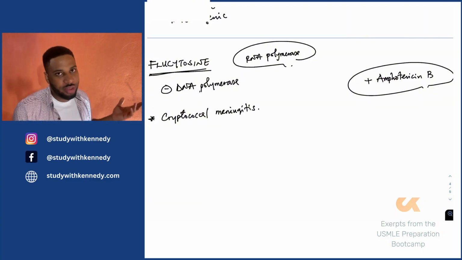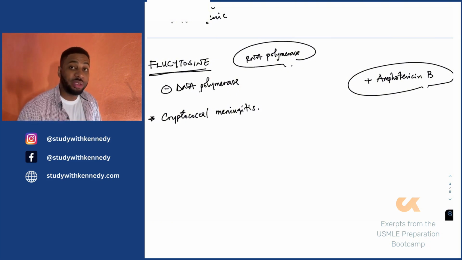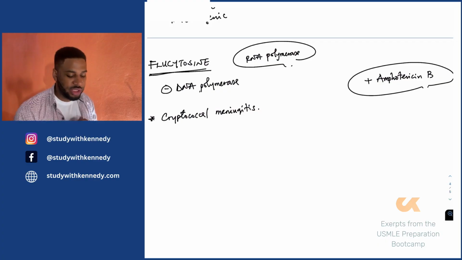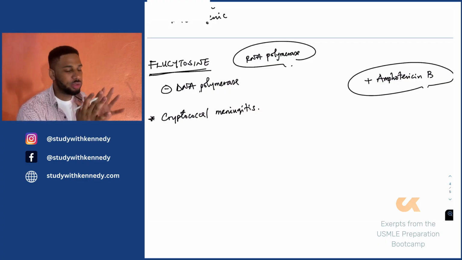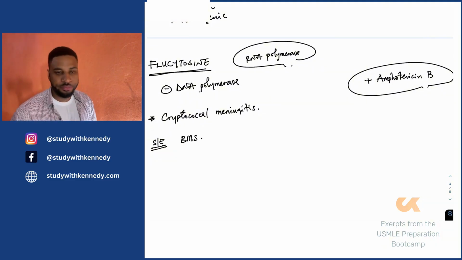So it makes you wonder, okay, what's the use of flucytosine really if we can give amphotericin B by itself? But it's going to improve the efficacy and the outcome, I guess, when that treatment combination is used. So flucytosine plus amphotericin B for cryptococcal meningitis. Side effect: if it's a medication that's inhibiting DNA synthesis, it's going to cause bone marrow suppression.